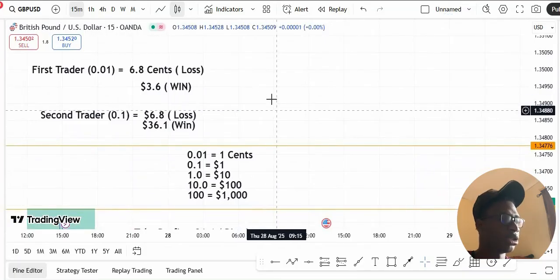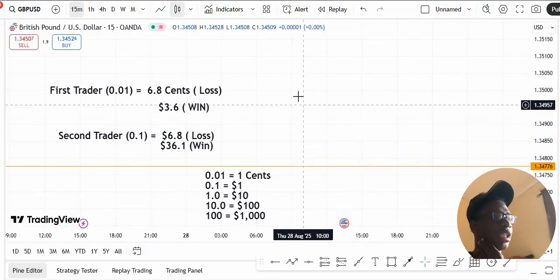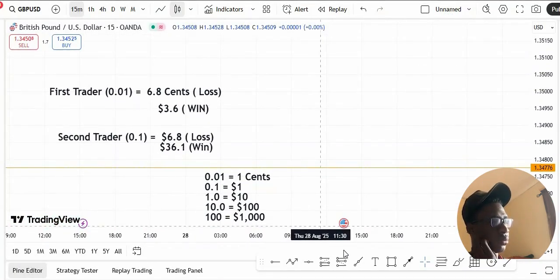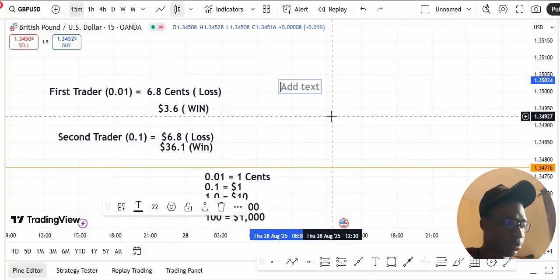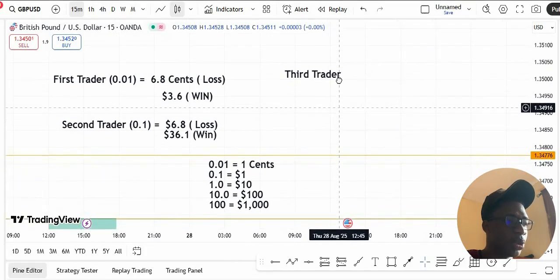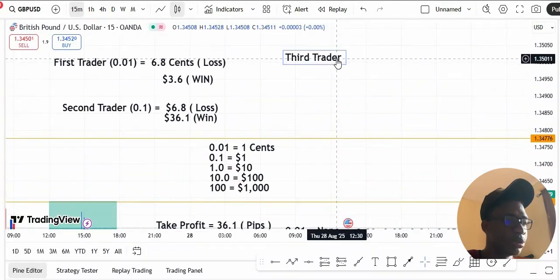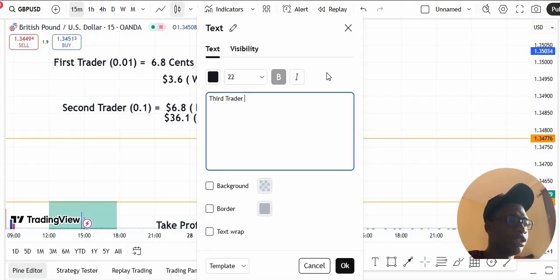Right, so for the third trader, which is the 10.0, he uses what lot size? I think he used the 1.0. Yeah, he used the 1.0.